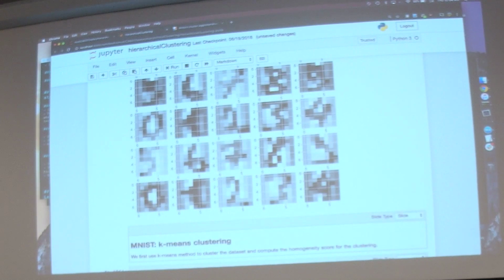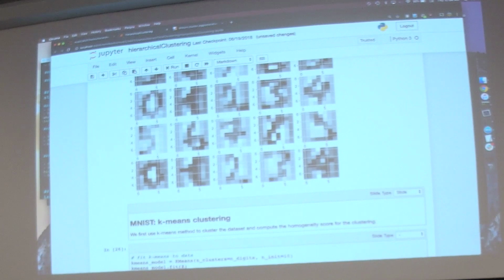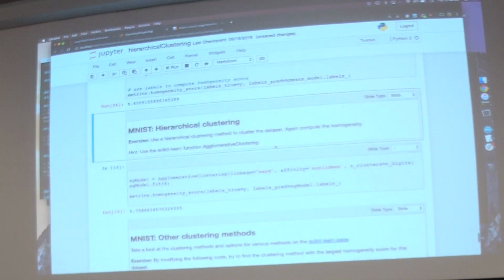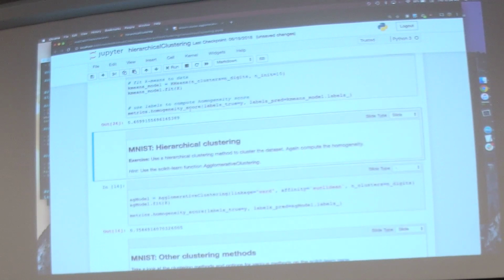So we think this is a 9 or a 4? And what about this one? 3. I don't know, right? Some of these seem impossible to classify correctly, so who knows? And we hit 60% with k-means.